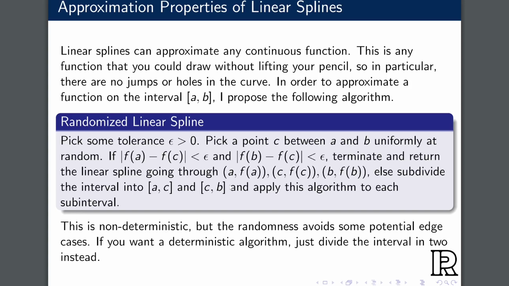Well, here's one method. We want to approximate our function on some interval from a to b. Now, this might seem like a pretty strong assumption, but normally we think of functions as being on the whole number line.